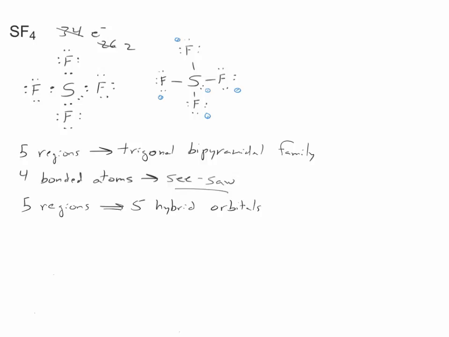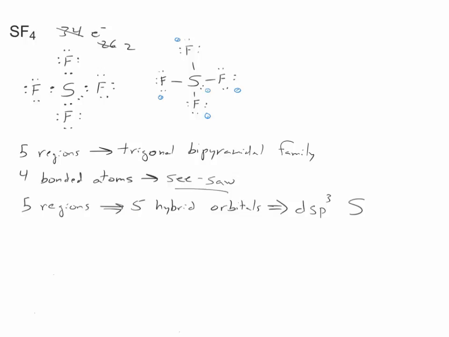And what has 5 hybrid orbitals? That means I need 5 atomic orbitals, so I need dsp3. So my sulfur is dsp3 hybridized. 1d, 1s, 3p's, that's 5 atomic orbitals, therefore it gives me 5 hybrid orbitals. That's how you know that you're right.